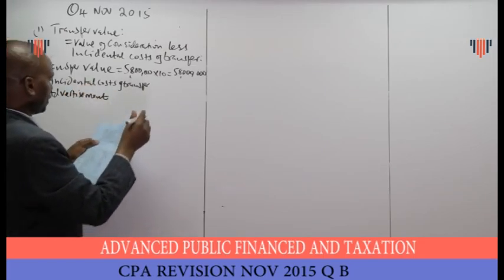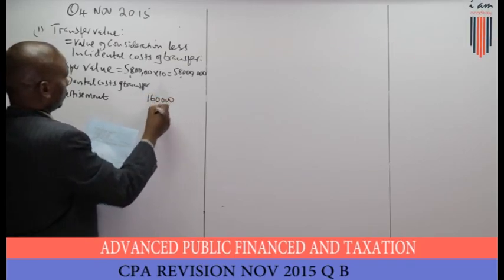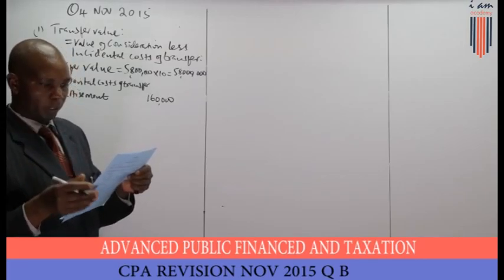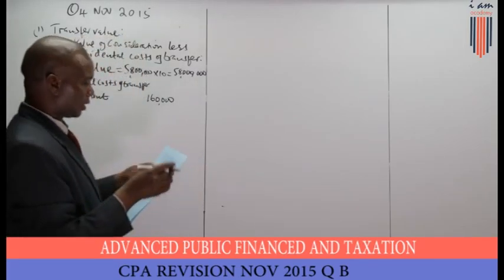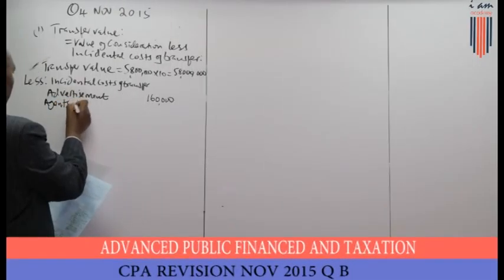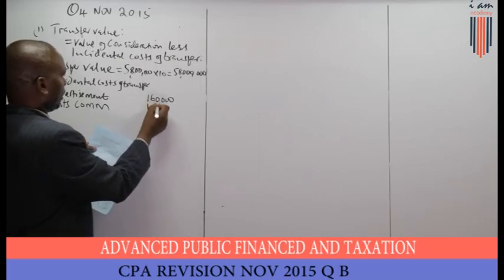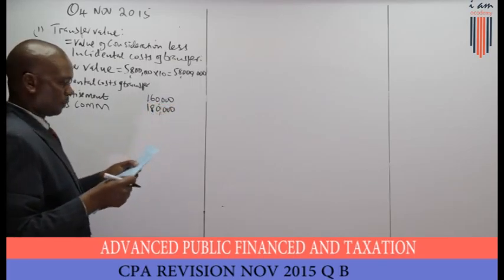So we remove advertisement, which is 160,000. What else are we told? We are told there is an estate agent's commission. So agent's commission was incurred, and this is 180,000.